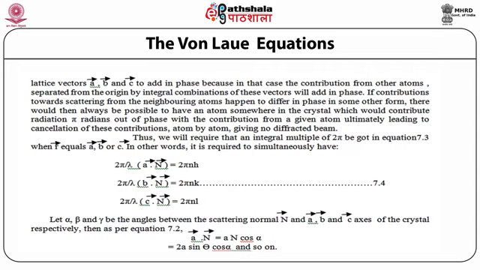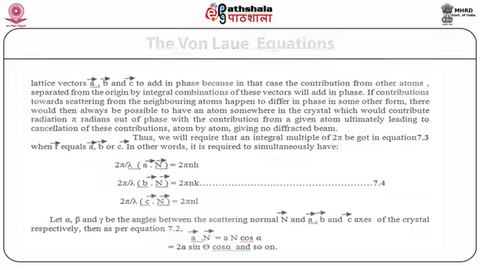Let alpha, beta and gamma be the angles between the scattering normal N vector and the A vector, B vector and C vector axes of the crystal respectively. Then as per equation 7.2, A vector dot N vector is equal to A N cos alpha, which is equal to twice A sin theta cos alpha, and so on.